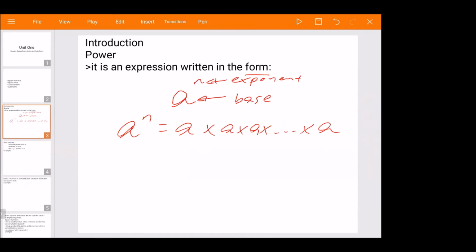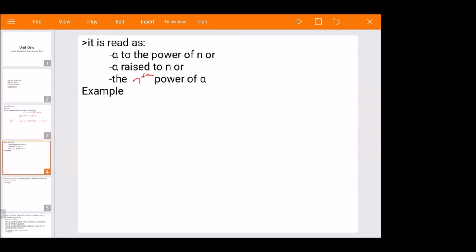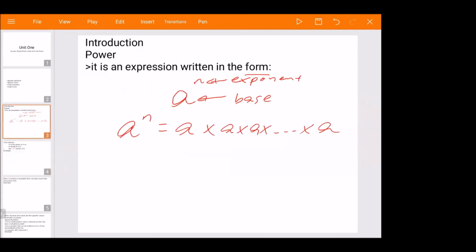As an example, we can consider so many examples. Before we consider examples, there is a restriction. Remember, a can be any element of rational numbers, and n can be any natural number.